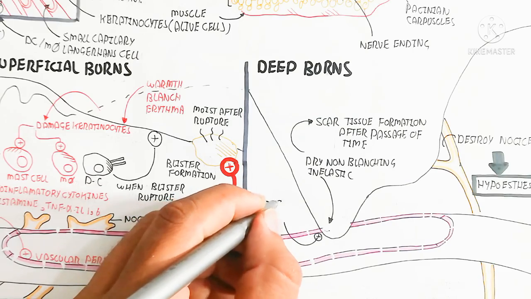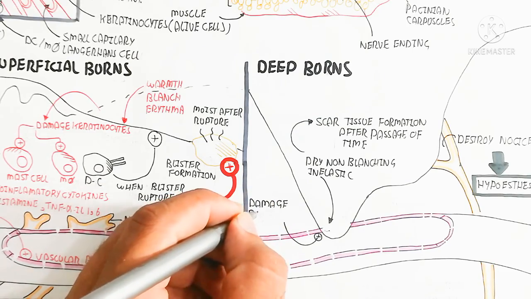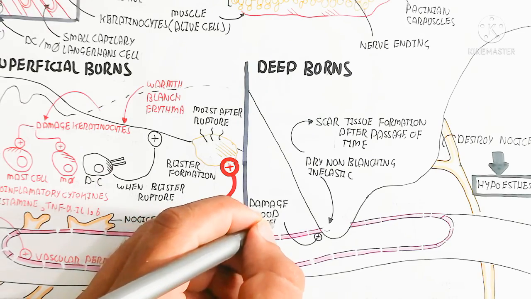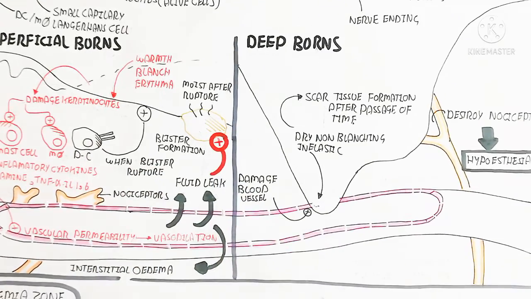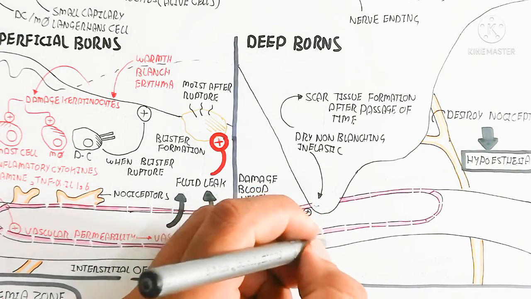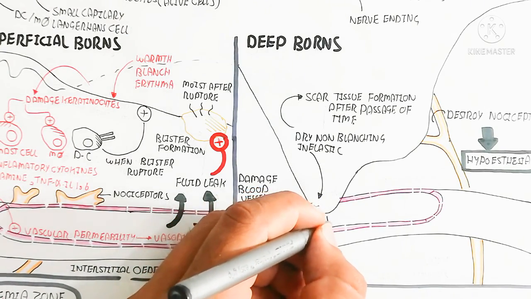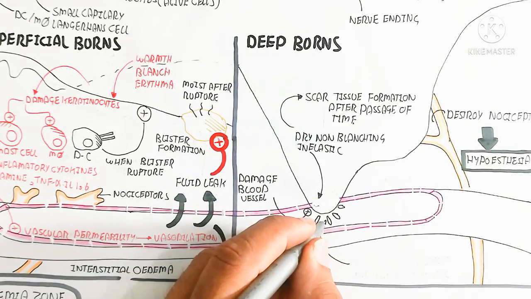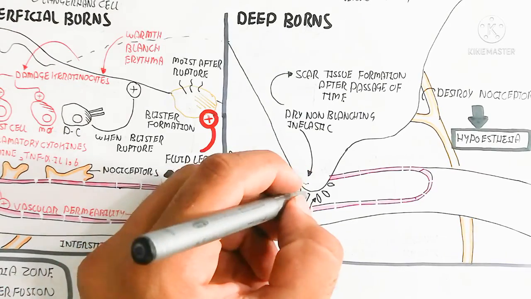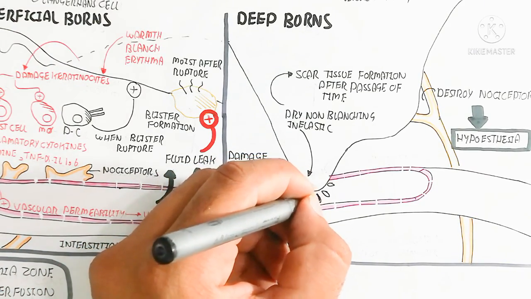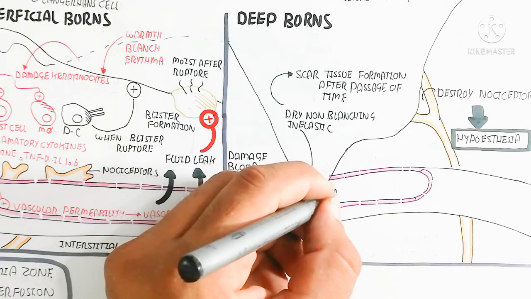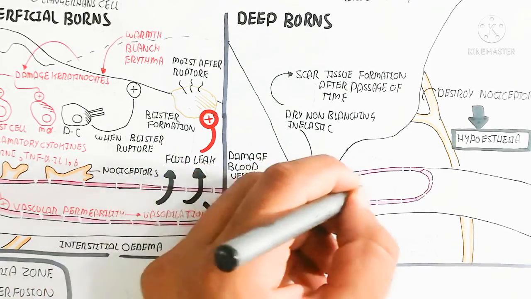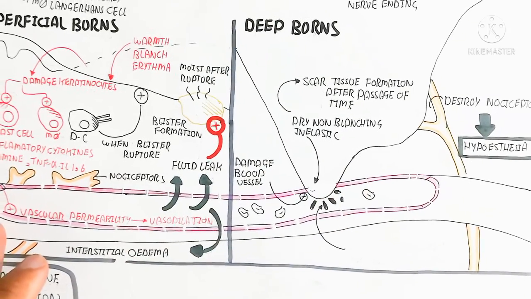And here is the damaged blood vessel. In the damaged blood vessel, platelets, thrombin, and fibrin will clot together, and this platelet aggregation will lead to an increase of growth factors, like transforming growth factor alpha, which stimulate growth, and angiogenesis will occur.